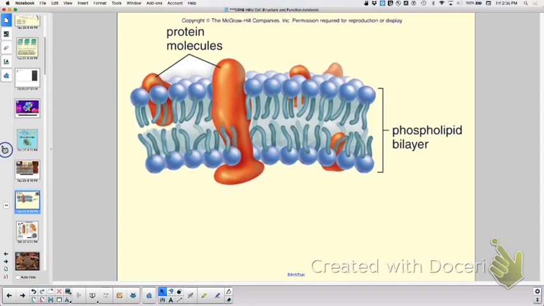Those are all the ways. So we know why it's critical that you're not a cell unless you have a cell membrane, right? You can see the phospholipid bilayer, hydrophobic region in the middle, hydrophilic, and then these are proteins, yes? So we're spending a lot of time in chapter 4 just on that.